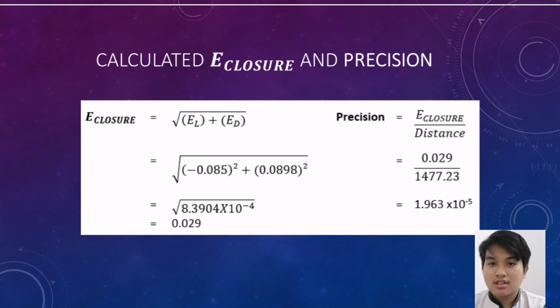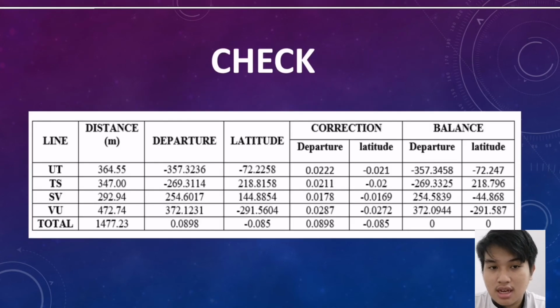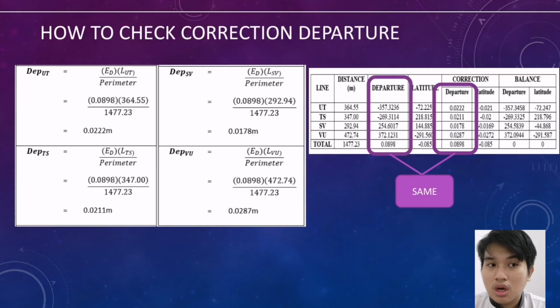To check whether the answer is balanced or not, we go to the next slide. This table checks that departure and latitude are balanced. How to check correction departure?